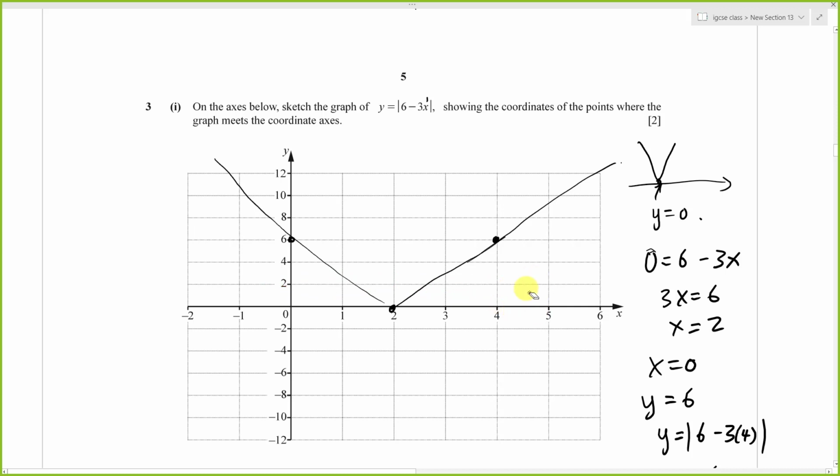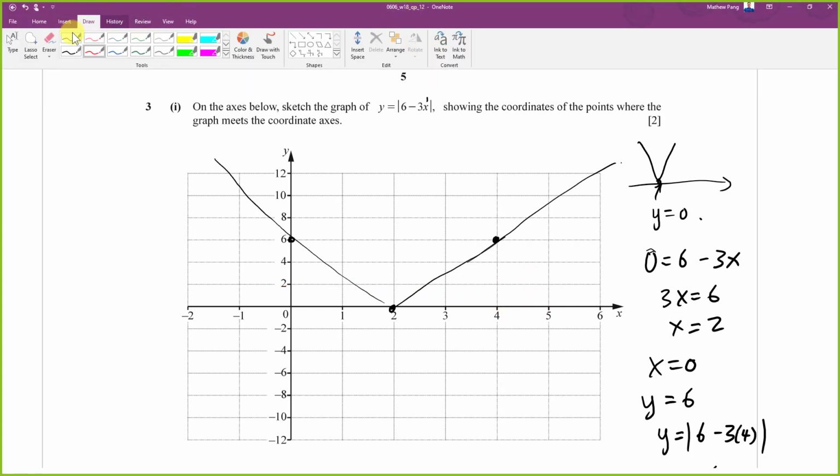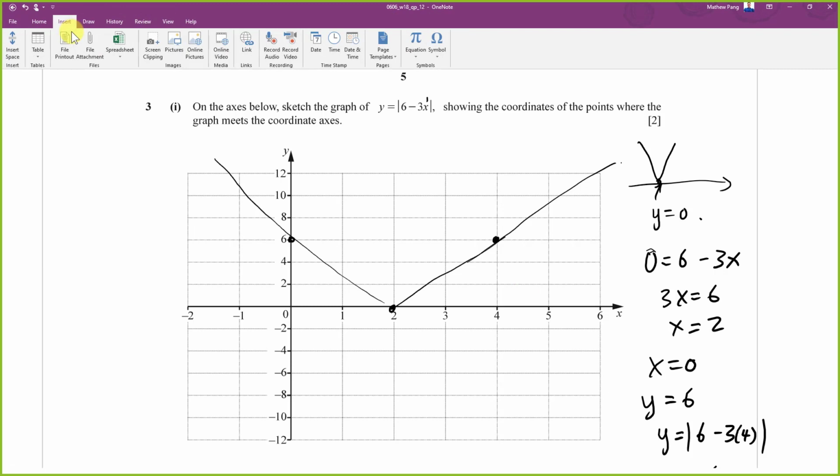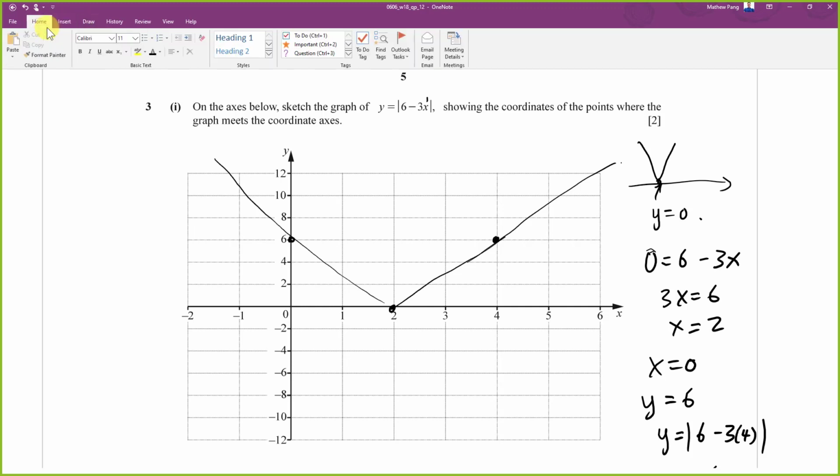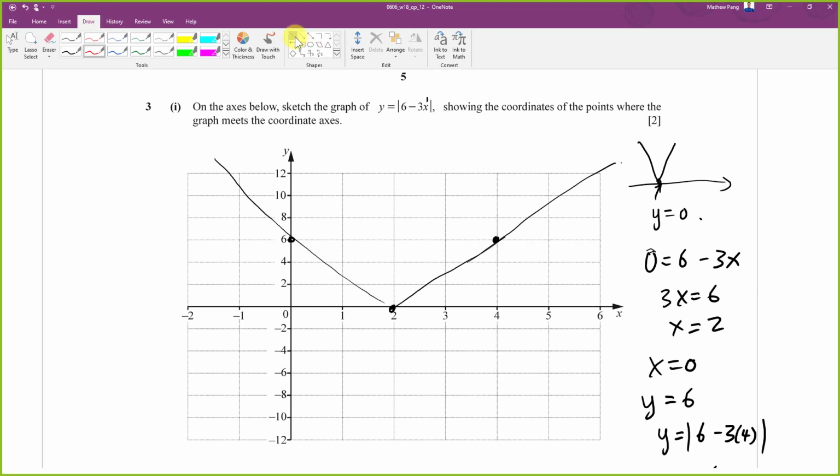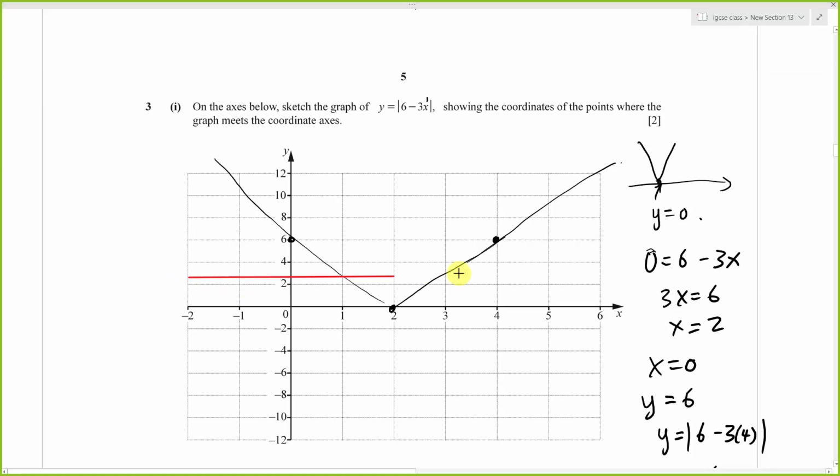Yeah, this one should be a nice straight line. Can I insert a line here? Let me see, do I have this feature here? Oh yeah, there's a line here. Never mind, I can adjust this one. At 2 here.